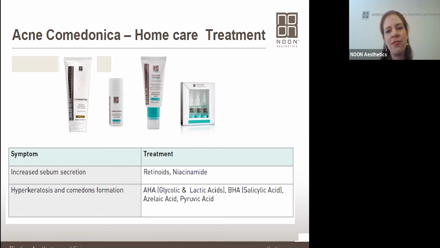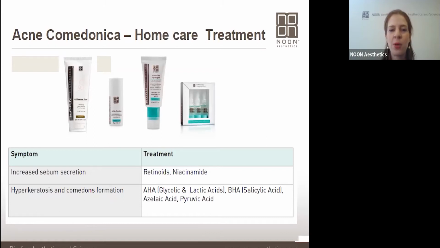And if the skin is very red or aroused, I can use the ampoules because they are very relaxing and soothing to the skin. Of course, in the beginning for soap, I will use the sea cleanser, or now we also have the Cosmo Clear. That's about it for the products in acne comedonica.